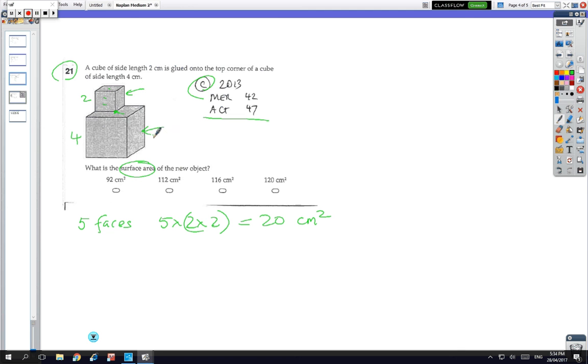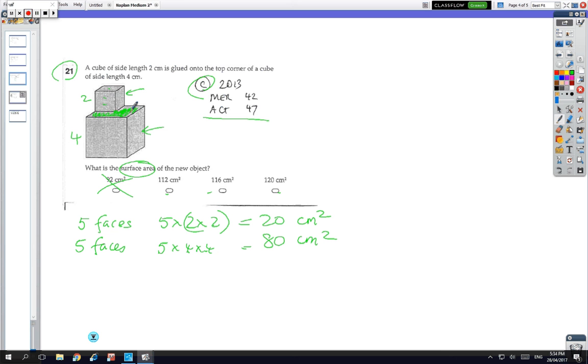Now on the bottom, we've got 5 faces that we can see, plus this jumbled face that's got a bit missing. So we'll do the bottom 5, and then we'll worry about the next one. So it's 5 by 4 by 4. 4 4s is 16, times 5 is 80. Okay, so straight away we've gone past that. So all of these answers are still probably legitimate, but we've just got to work out this face.